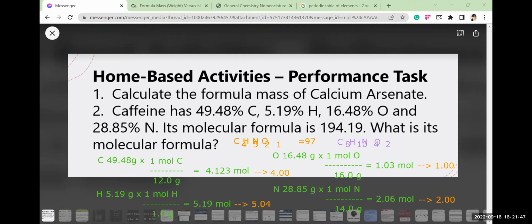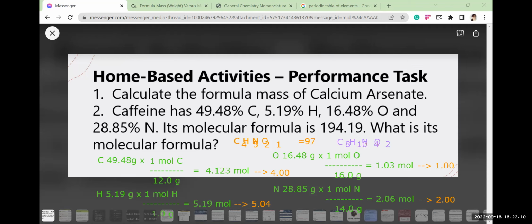Then, pag nakuha na, hanapin yung formula mass.